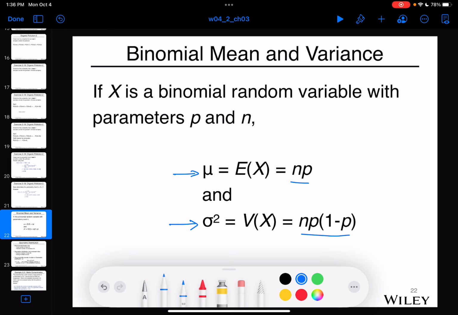So basically, if we consider our running example of rolling a die, right? In that example, P is 1 divided by 6, right? And let's say we roll the die 30 times, right?